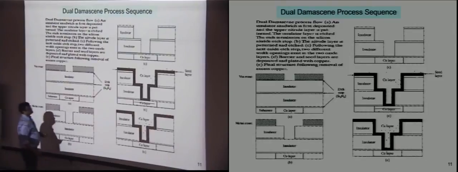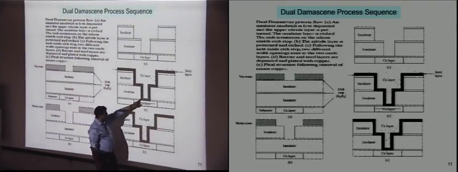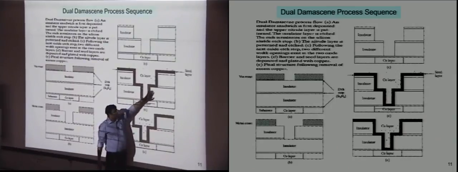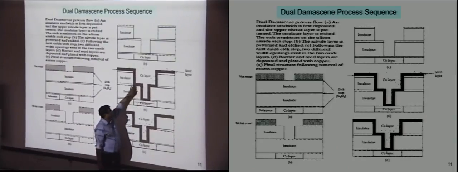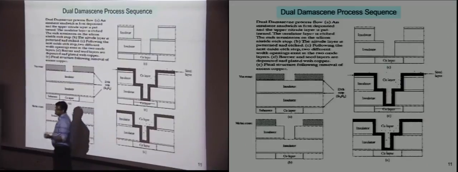The third difference, that is actually not shown here very clearly, is that we have no choice but to put a layer between the copper seed and the other material. So there would be a tantalum nitride or a tungsten nitride layer between the insulator and the copper seed layer. That has two roles. One, of course, is to improve adhesion and things like that.